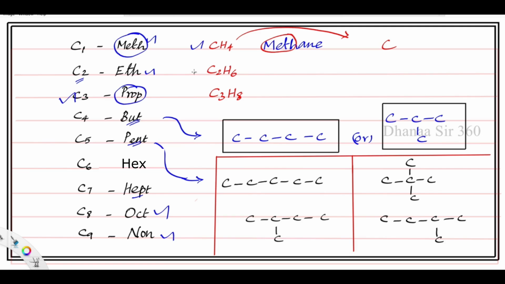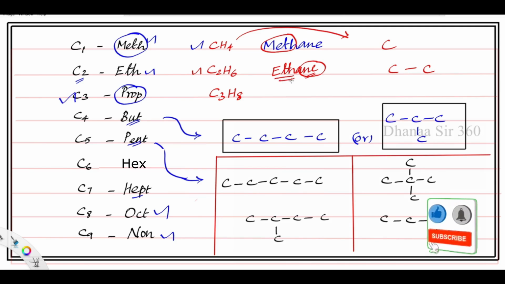Similarly, in the second example C2H6, the carbon skeleton is C single bond C, so there are two carbons present in this compound, therefore we add eth as the root word, so the name of the compound is ethane. In our next video, I will explain how to add ane as a suffix. Now we discuss only eth, that is the root word.